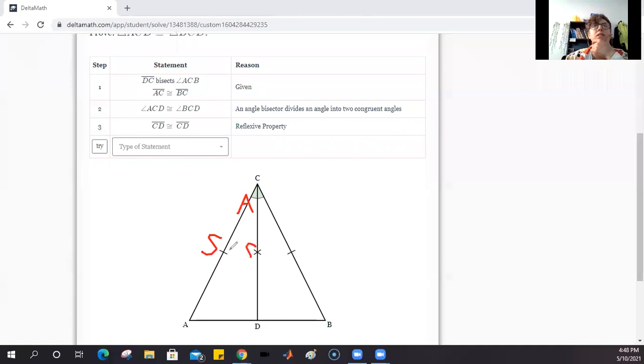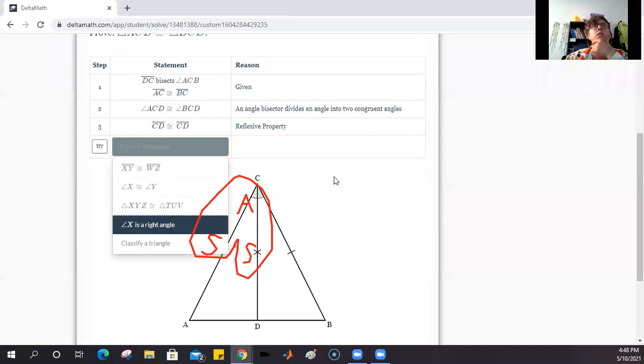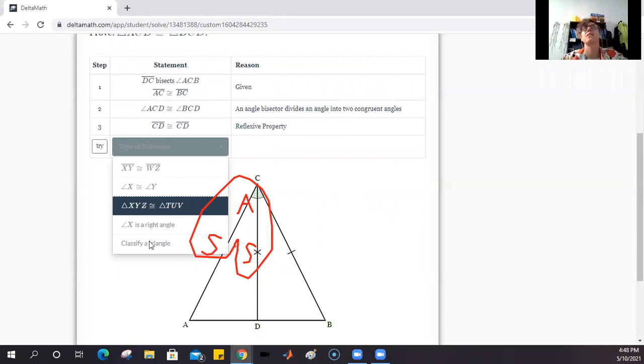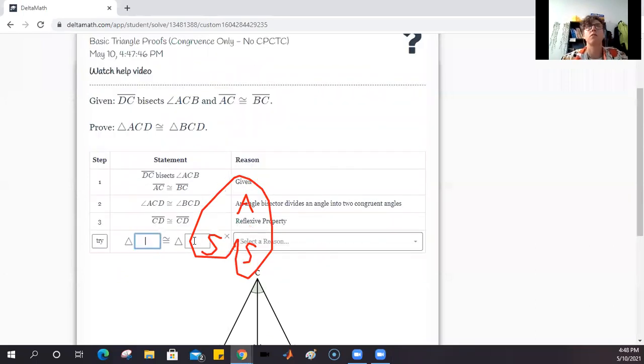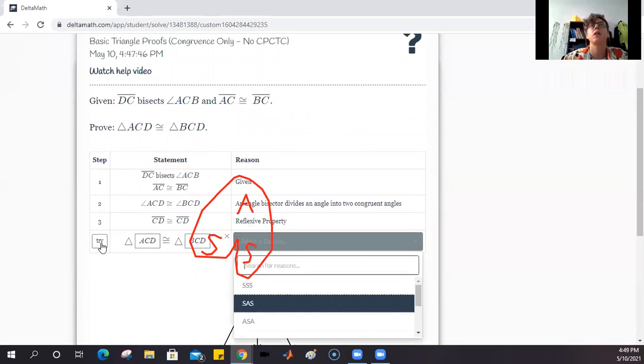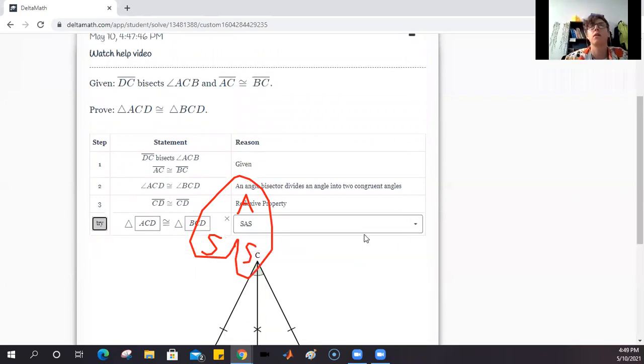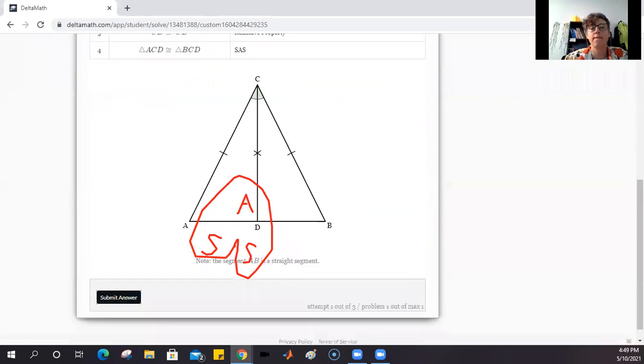We got a pair of sides congruent. What do you know? We have a sassy situation. Triangles are now congruent. Triangle ACD congruent to BCD by side, angle, side. Oh yeah.